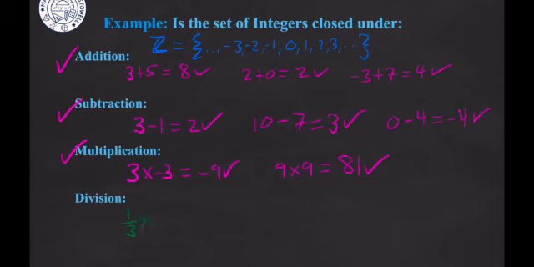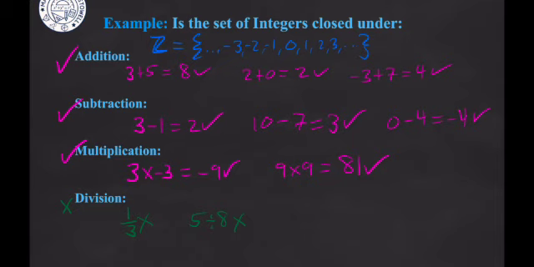Let's say that we did 5 divided by 8. Right? 5 is an integer, 8 is an integer, but that's 5/8. That's not an integer value. It would end up as a decimal. So that is also not an integer. That's not in the original set. Remember, if it's closed, it lands in the original set, no matter what, with the operation. So it's not closed under division.